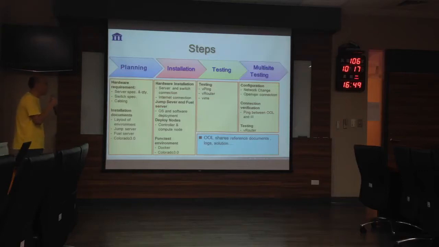First, we did planning, checked requirements, and read the documents. Second, we tried to install the hardware and the software. First we installed the jump server and the fuel server, then deployed the control node and the compute nodes.